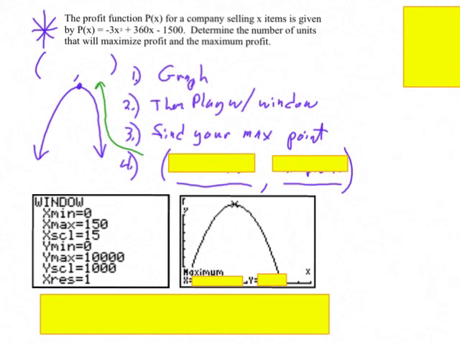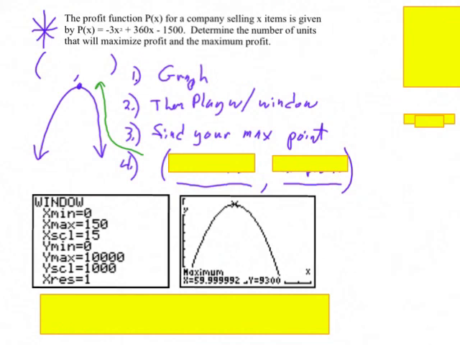Alright, next thing we want to do is determine this maximum point. Now, after I told my calculator to find that maximum point, it gave me an x value of about 60 and a y value of 9,300. Alright, now what does that mean?